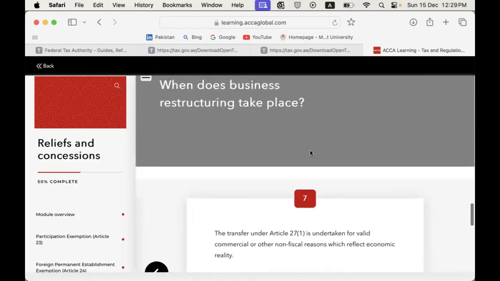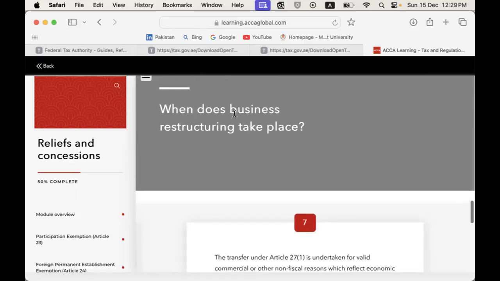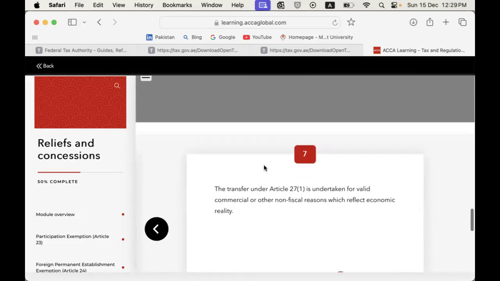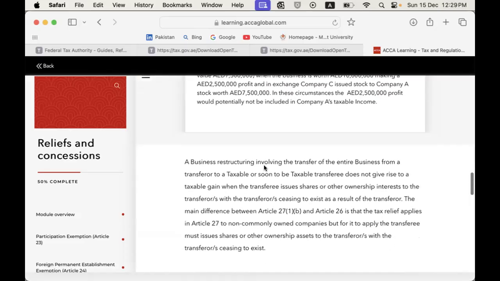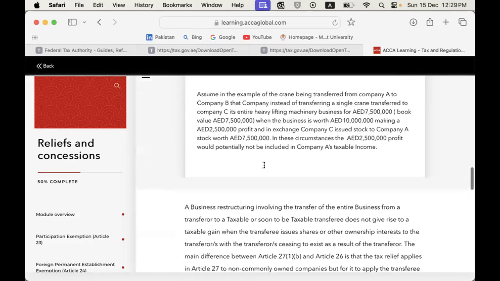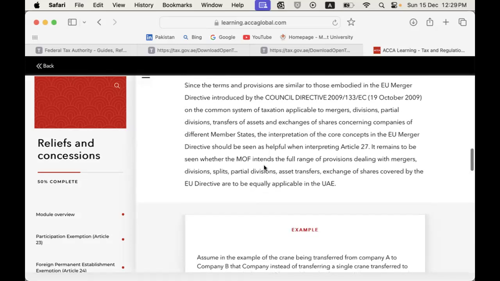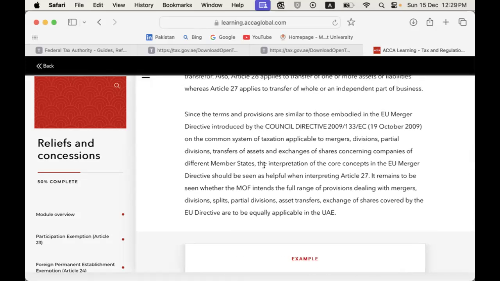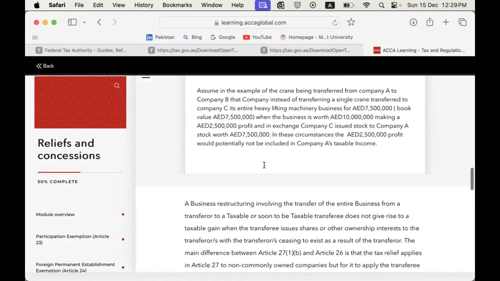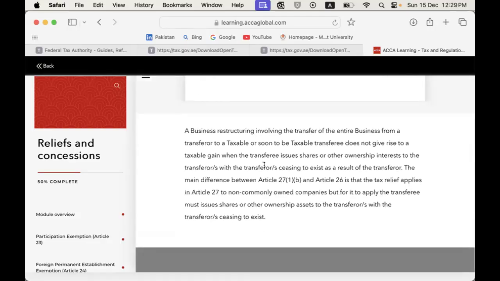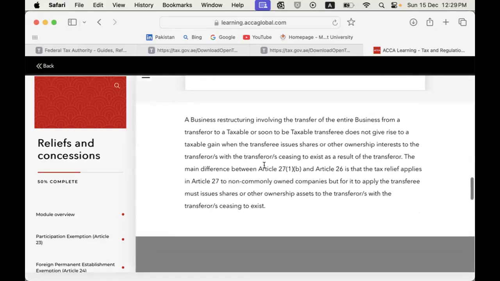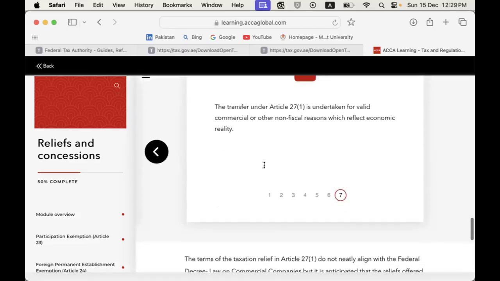Look, what is the topic that we are looking at? When does business restructuring take place? Let me read where it's under the applicable legislation. I think it is here.